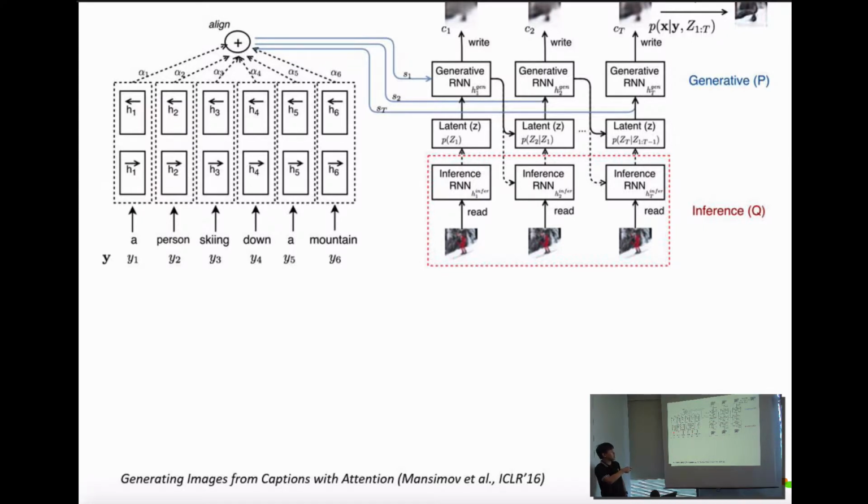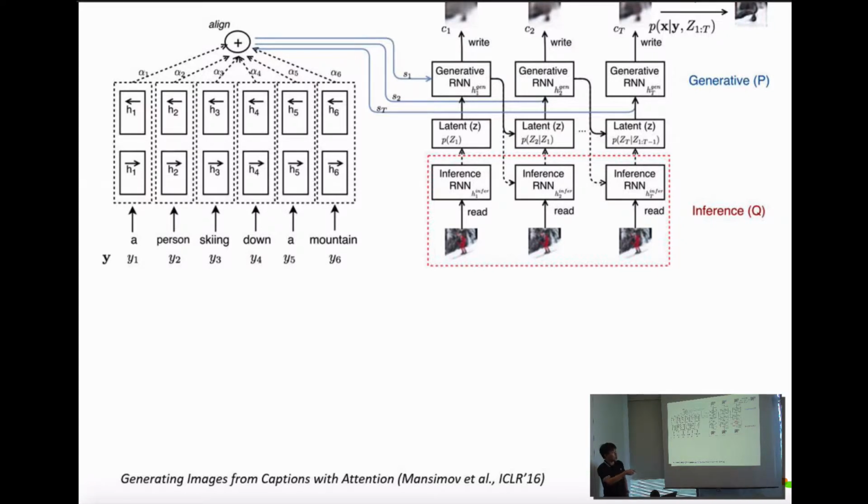At each time step, each word outputs the hidden state of the forward RNN and the backward RNN. They concatenate them, so for each word we have a representation of the word. They try to input the text information inside the image generator.